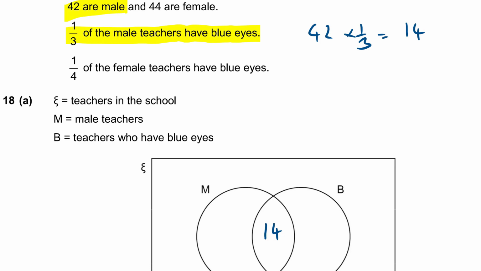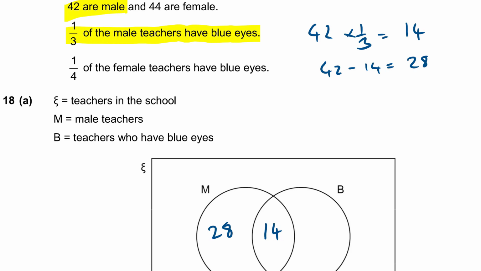And now I can start working out the rest. If there were 42 male teachers altogether, of which 14 had blue eyes, then 42 subtract 14 will be the number of teachers who are male and don't have blue eyes, which is 28. 1/4 of the female teachers have blue eyes.